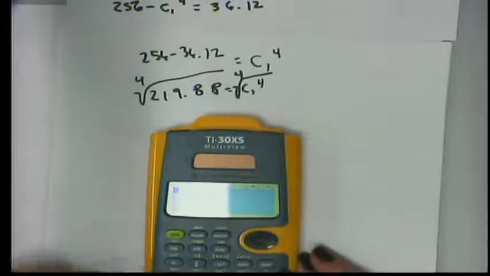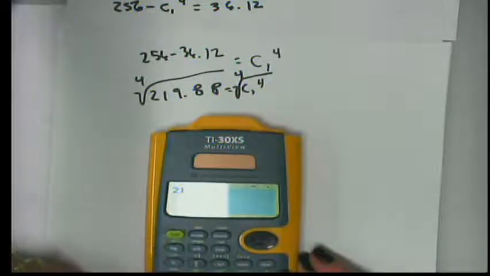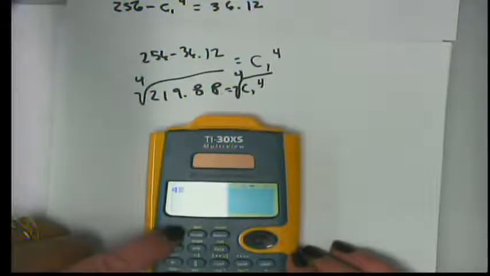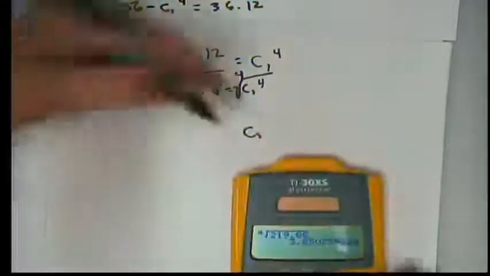So let's go 219.88. And then let's say fourth root. Oh, sorry, got to do it the other way. So we go fourth root of 219.88, and that value is 3.85.